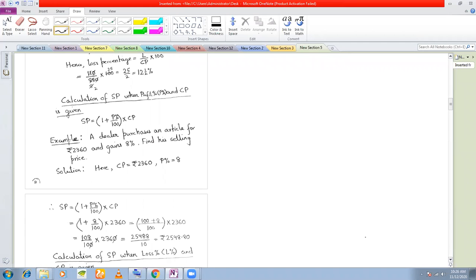This is something that is very easy. Now, when do we get a profit? Remember this again, that since profit and loss both are calculated on the cost price, when we get a profit, what we are doing is increasing the cost price by p% profit percent.